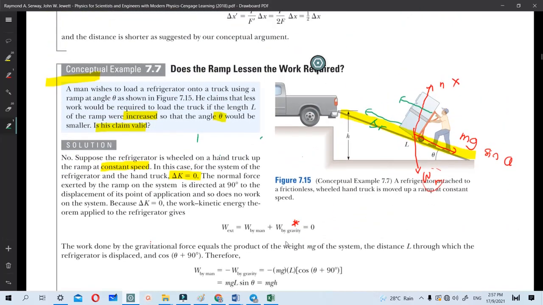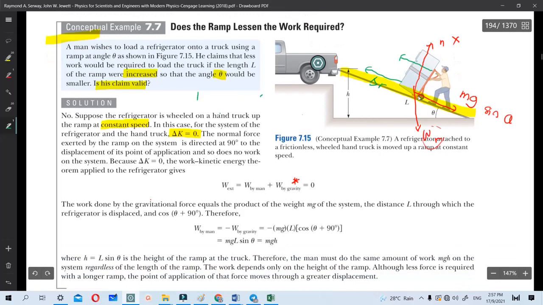If I were to start from this picture and map it with the given equation, you will find that the situation is force by the man times delta R, by the man, plus mg sin theta times delta R times cos 180.